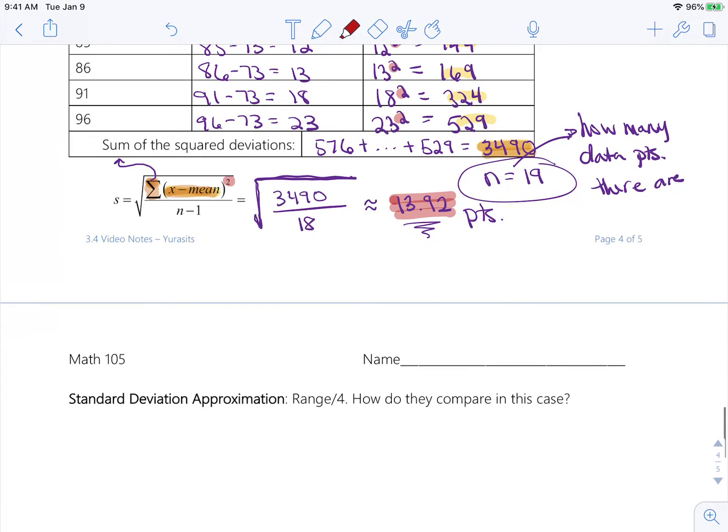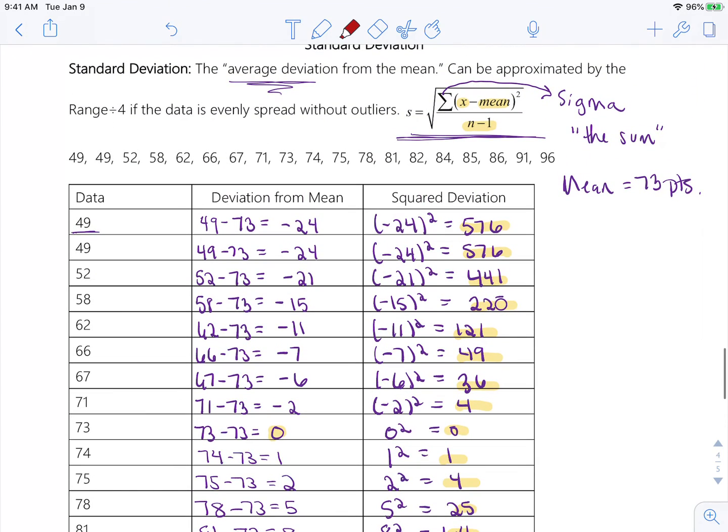Now, there's another way we could do this, and it was discussed at the very top. It says range divided by 4 if the data is evenly spread without outliers. So what that means is this would have to be symmetric. That's what I mean by evenly spread and without any outliers. Some of us looking at this data would be like, I have no clue if it's symmetric. We already know actually it's not because we created that histogram in 3.3.